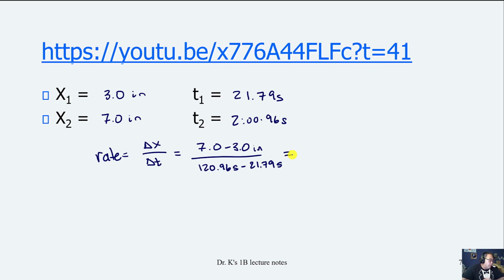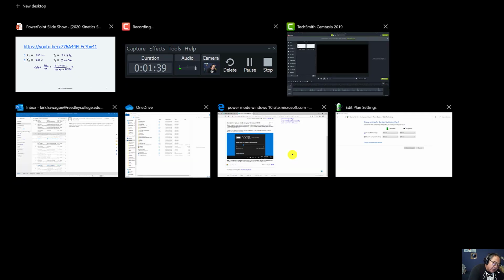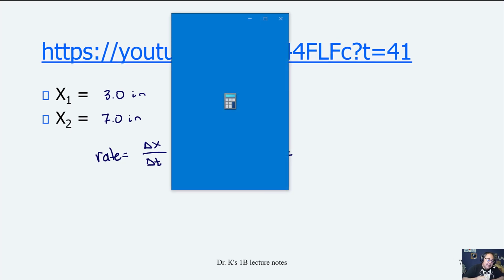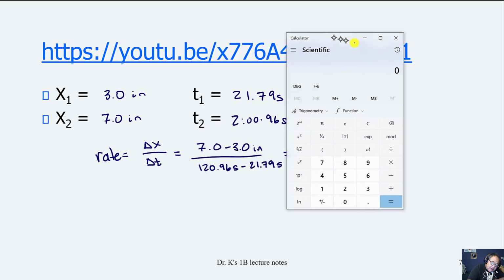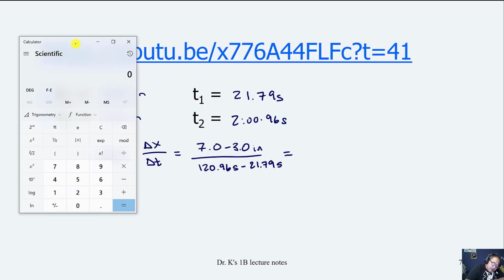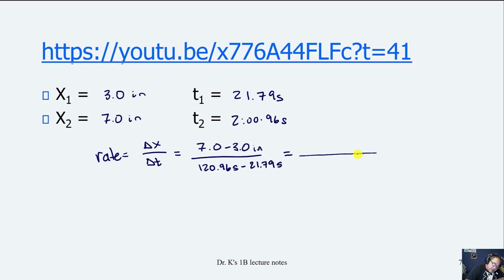And then I can plug it into my handy dandy calculator, which is the one I hate, but it's always the one I have on hand. So we're going to go 7 minus 3. If you'll forgive me, I'm not going to use the calculator for that one. That's 4. And then I probably don't need the calculator for the other one, but I'm going to, just because I know I'll screw it up.